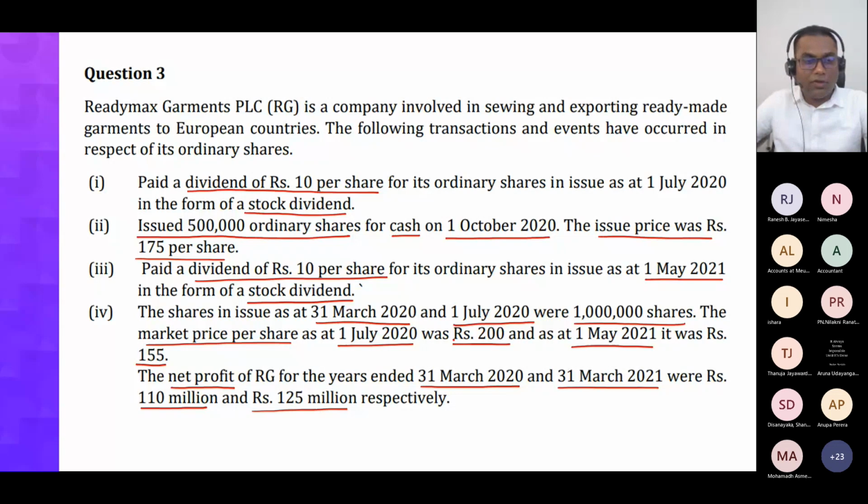As per the question here, if you look at the Roman number 4, shares in issue as at 31st March 2020 and 1st July 2020, up until 1st July 2020, 1 million shares. So that means up until 1st July 2020, during the current financial year, how many months? 3 months, right? April, May and June.